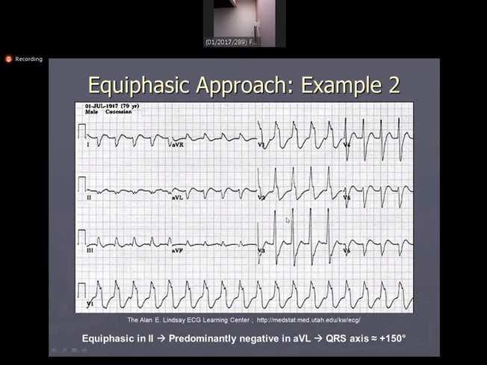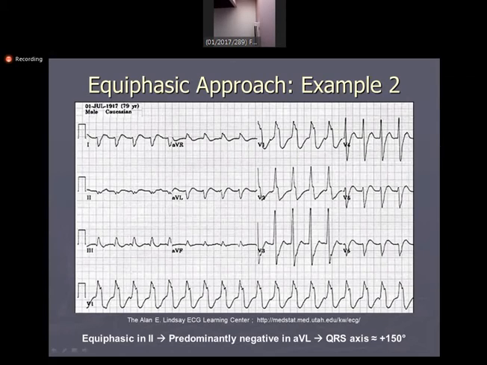A 6-second strip means the strip from here to here takes how much time? 6 seconds. In 1 second, 5 large boxes; in 6 seconds, 30. If you count the QRS complexes, the electrical activity occurring during 6 seconds is 1, 2, 3, 4, 5, 6, 7, 8, 9, 10, 11. What does it mean?